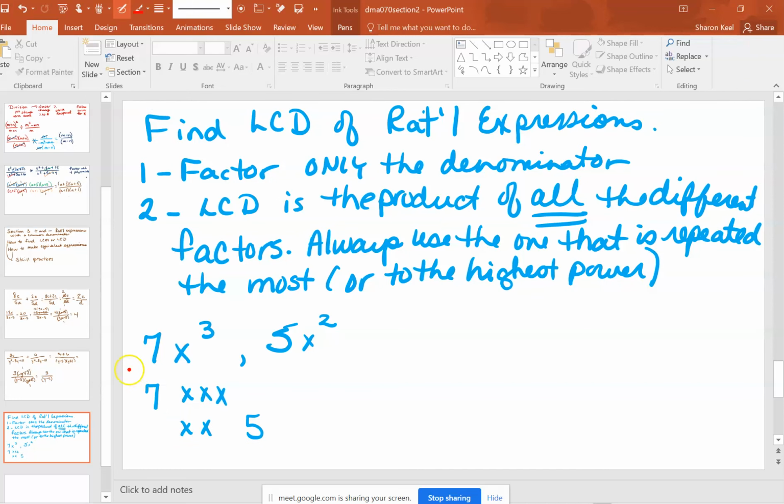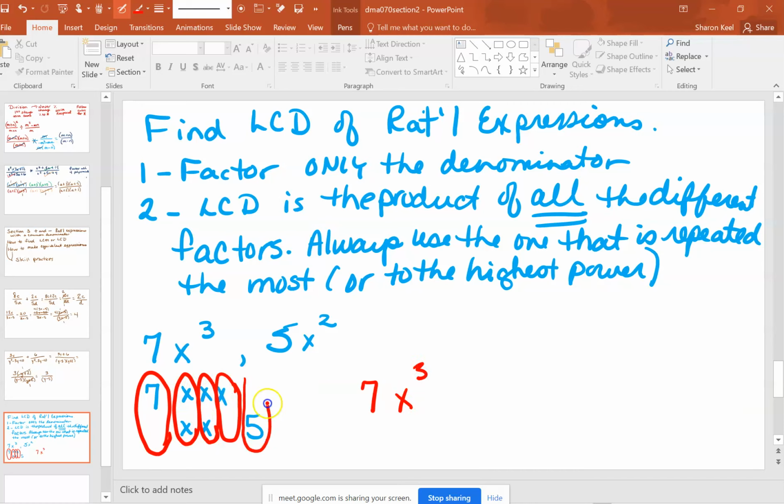So, as I'm looking at these, I've got to have a 7. This one has a matching pair, 2 matching pairs. Notice, the first one had 3, the second one had 2. I have to use the one that's repeated the most. And then also, the other one had the number 5. So what I need to do is multiply 5 times 7, and that's going to give me 35x to the third. That would be considered my least common multiple of these two.